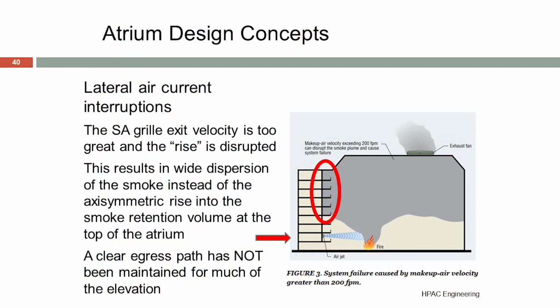Here's an example where we have lateral current disruption. So when a mechanical engineer and architect are getting together on concepts for large volume smoke control, they want to think about lateral effects. You don't want just a couple of high velocity makeup air grills, even if they're located at the 10 to 12 foot level where they're not blowing on people walking by.